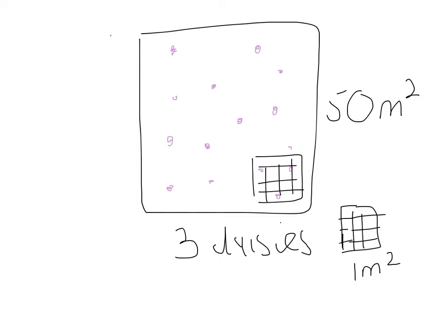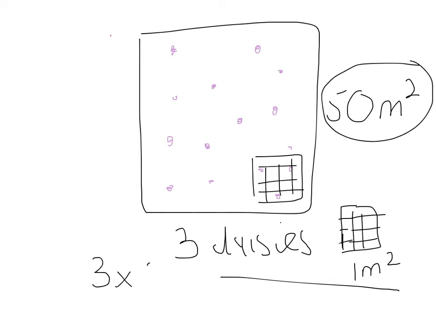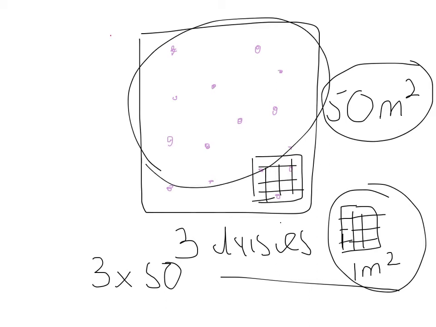Now, the way that we can work out the population then is that we can take the 3 in your 1 metre squared and we can multiply it into the 50 metre square, which is the whole area of the field. So that would be 3 times 50, because you've got 50 times this 1 metre squared quadrat in your area of field, and we will get 150 daisy plants.